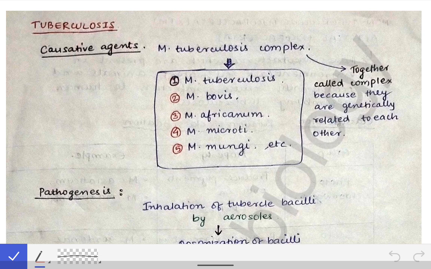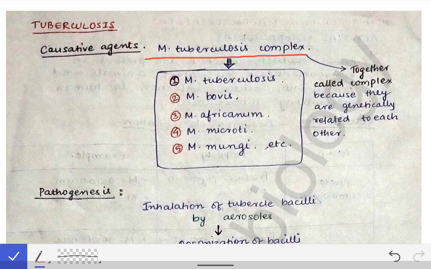In that case, you have to write Mycobacterium tuberculosis complex. Remember, you should not write Mycobacterium tuberculosis only, because that is not the only bacteria which causes tuberculosis. There are other mycobacteria also which can cause it. So you should always write Mycobacterium tuberculosis complex.